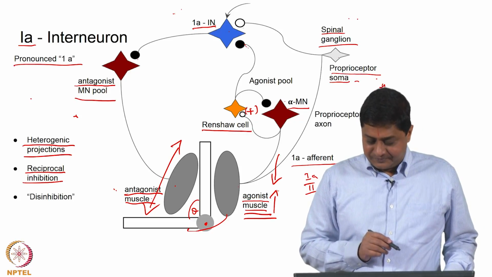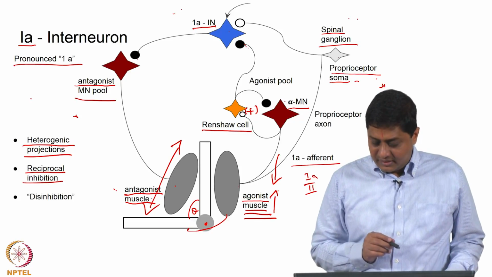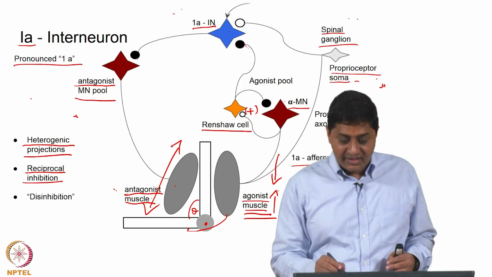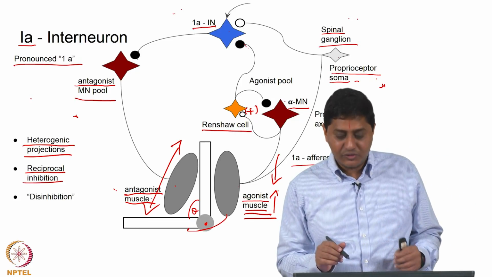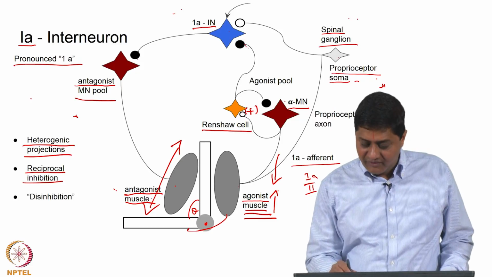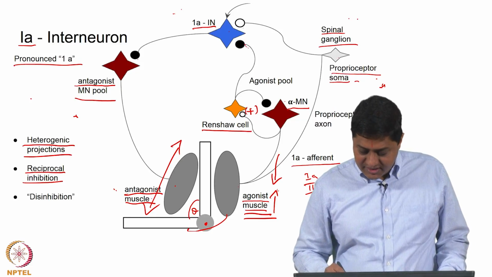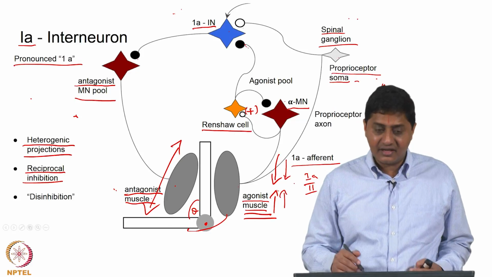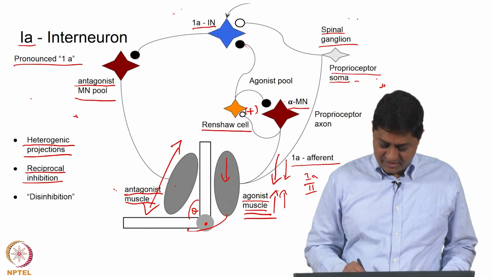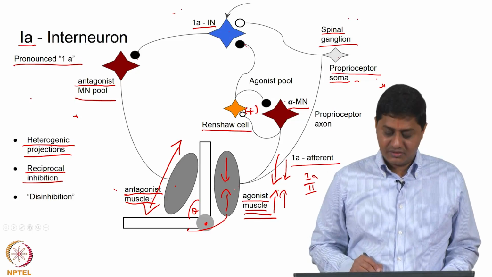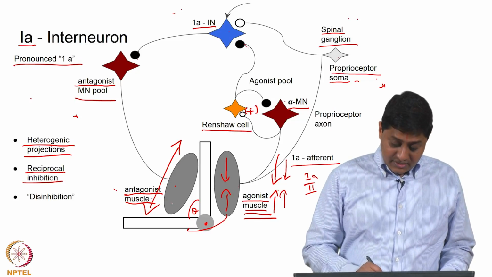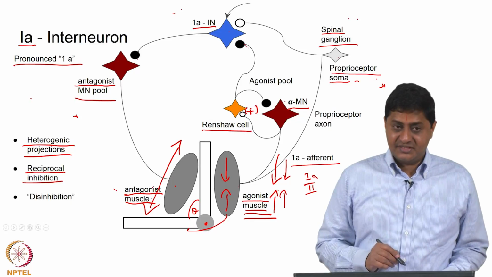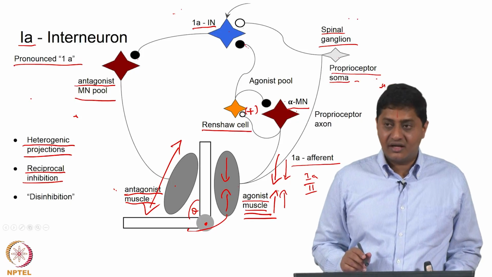So, what will that do? Let us try to analyze what will be the action of the alpha motor neuron itself. This alpha motor neuron, when it is firing, will cause a contraction of this muscle, as has been shown previously. It will cause a contraction which will cause a stretching in the antagonist muscle, is it not? This is what this alpha motor neuronal activation will do.